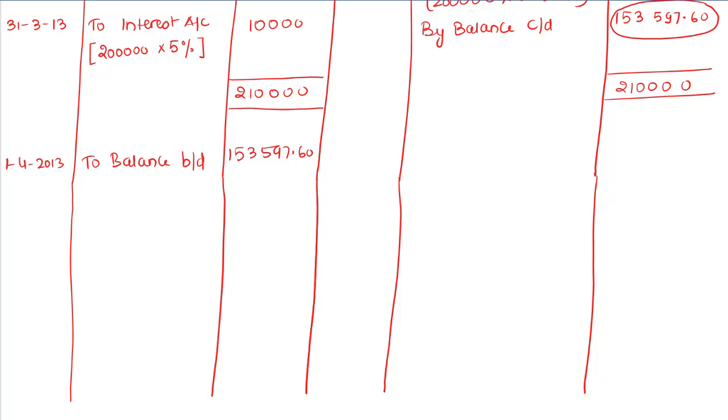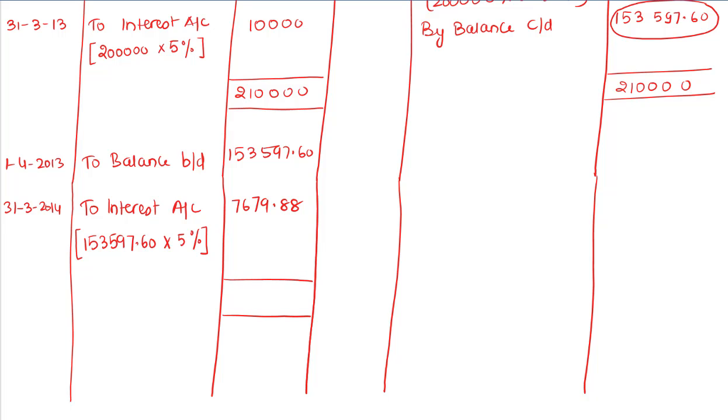Calculate interest at the rate of 5% on the closing date, 31st March 2014, to interest account 153,597.60 multiplied by 5%, which is 7,679.88. Let us do the totals first. 161,277.48.